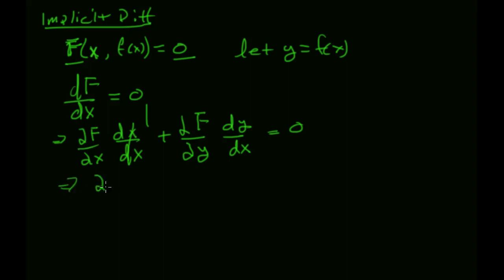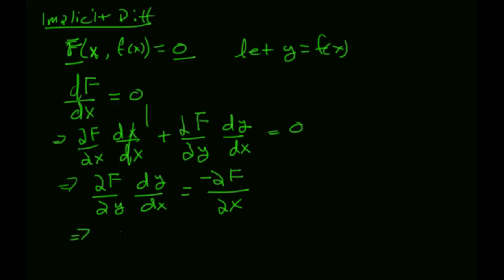So I'm going to get the partial of F with respect to y times dy/dx is the negative of the partial of big F with respect to x. I'm going to simplify the notation a little bit here. I'm going to say that this is big F sub y times dy/dx equal to negative big F sub x.